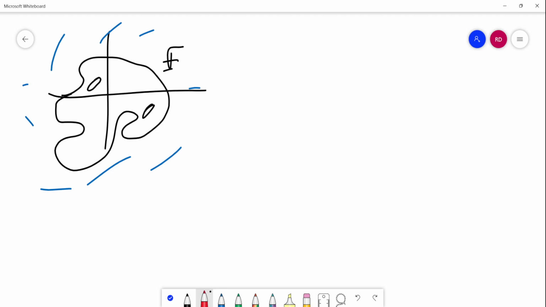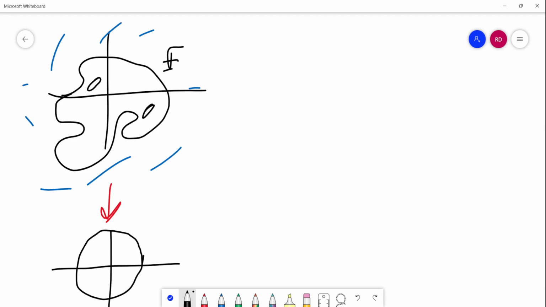There is a theorem, a Riemann mapping theorem, which says that we can take this to the unit circle. And the outside here will still be outside, and the inside will still be inside. That means those holes in E will be preserved. Maybe they'll change shape, get stretched or something, but there'll still be two holes in it.